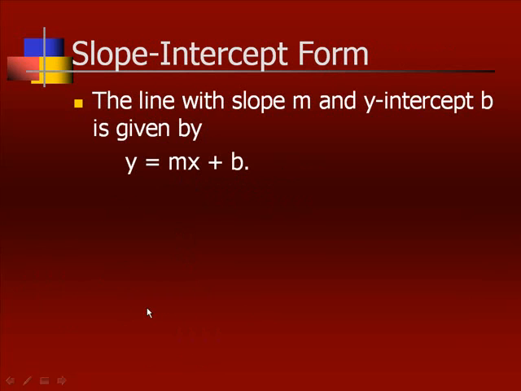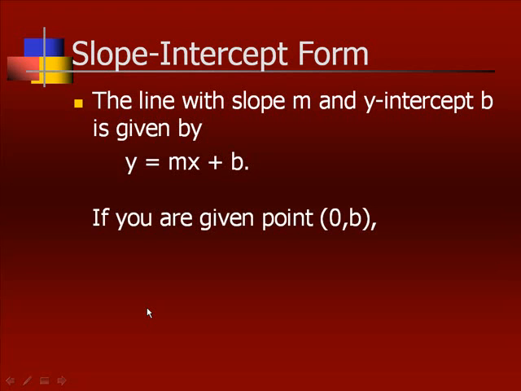Now, slope-intercept form, we've talked about that, but let's go back and review that again. The line with slope m and y-intercept b is y equals mx plus b, just like our linear functions were last module. If you are given point (0, b), watch what happens if you plug it into your point slope form.